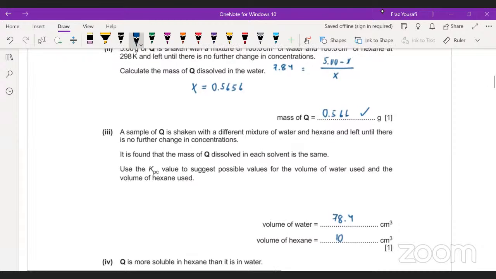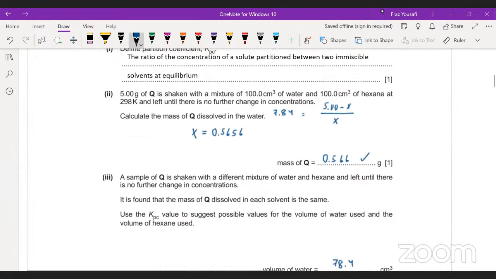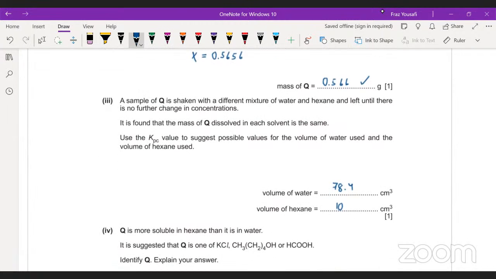Now, the other thing that we want to be clear about is this. Some of you may have noted that they've already given us 100 of each, right? So they've given us a total volume of 200. What if we need to remember that we're getting a volume that's going to be equivalent to about 200 cm³?